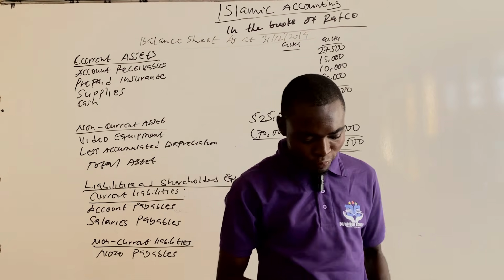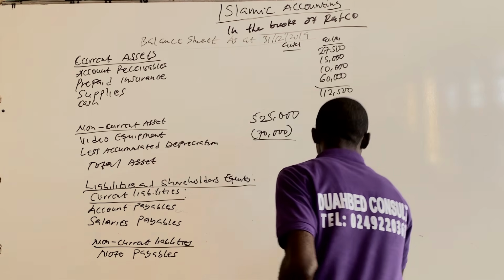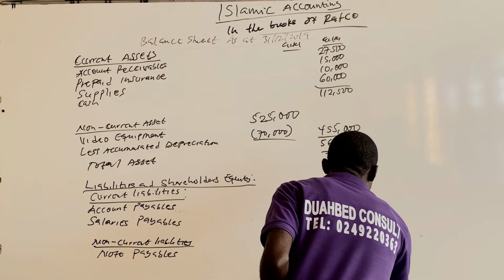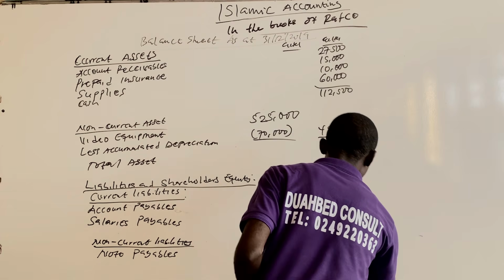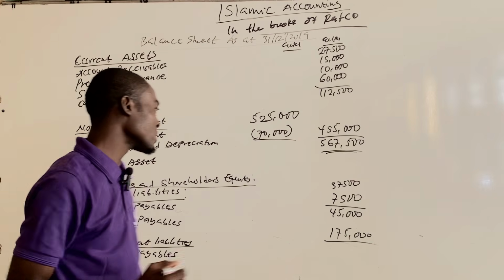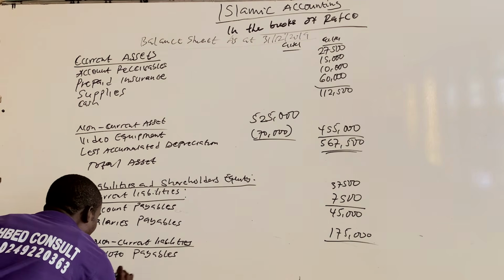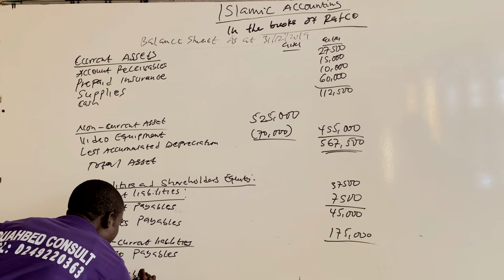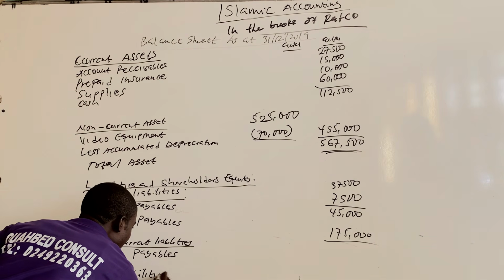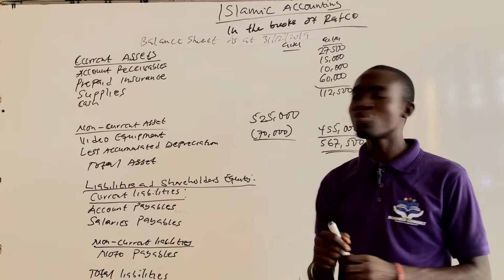The amount for note payables is 175,000. Total current liability plus long-term liability gives us total liabilities, which is 220,000.